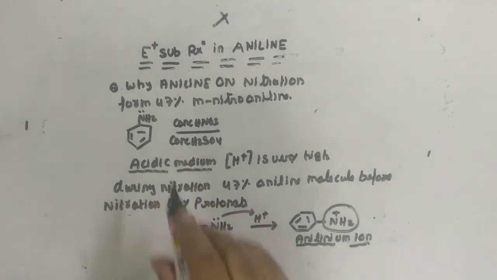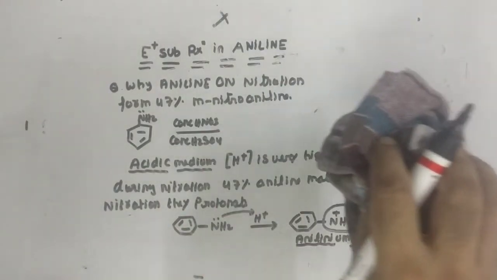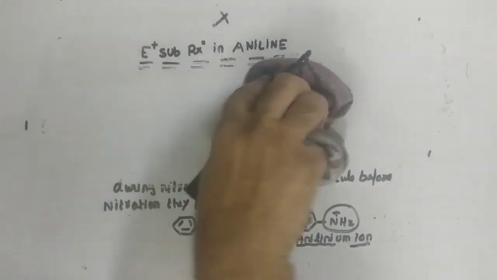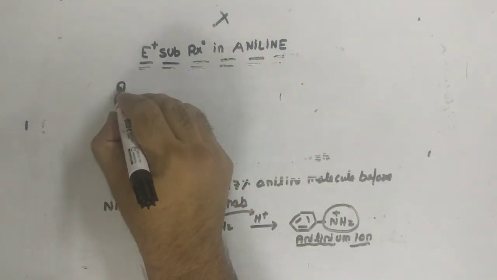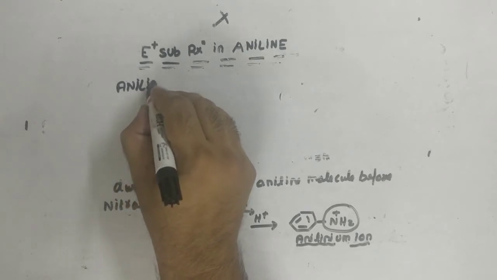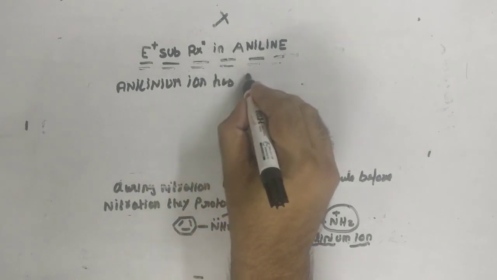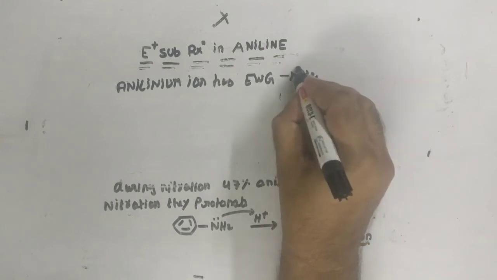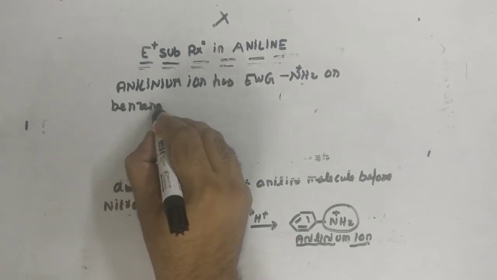The space is over, so I'm just rubbing off the above statements. I hope you have copied down the statements. Okay. So as I told you, in nitration of aniline, 47% of aniline molecules, before nitration, undergo protonation, and then anilinium ion has an electron withdrawing group, EWG, NH3 plus on the benzene.